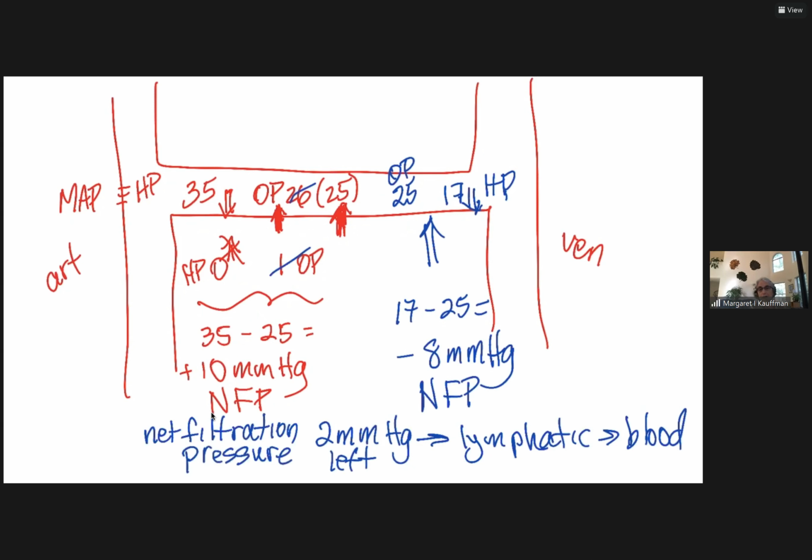So I don't know. I just think it's great. It's brilliant. You know, you just use the fact that this doesn't look like a capillary, it looks like a metarteriole, but use the fact that you're going to run into resistance, hydrostatic pressure is going to drop, and using that osmotic pressure, you're going to allow things to re-enter the capillary at the venous end.